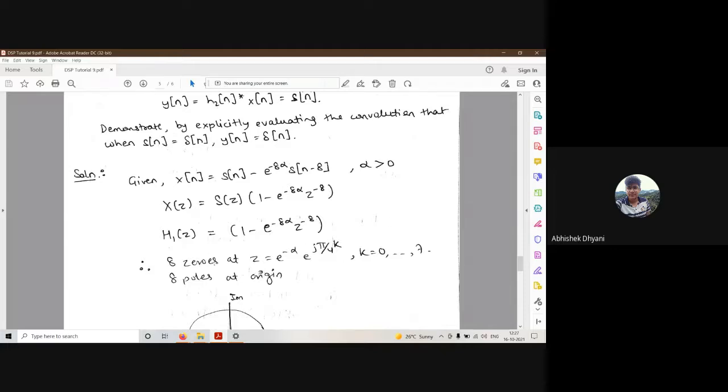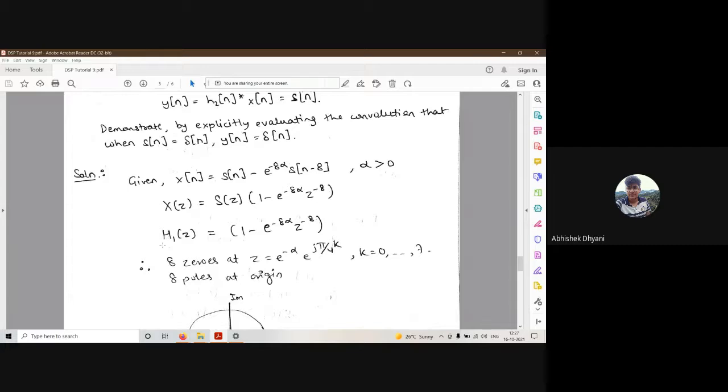Here we have the roots lying on a circle of radius 1 by alpha, and we can vary k from 0 to 7. When k is equal to 0, we have z equal to e raised to the power minus alpha as a point where there is a zero. Then I vary k accordingly and I will get 8 zeros.